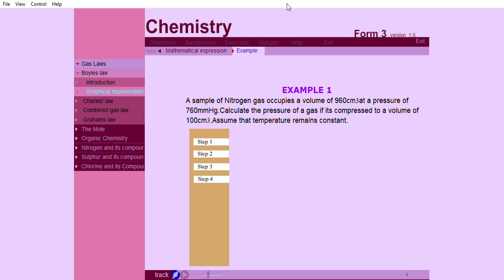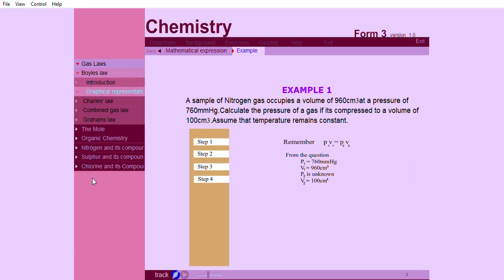Example 1. A sample of nitrogen gas occupies a volume of 960 cubic centimeters at a pressure of 760 millimeters of mercury. Calculate the pressure of the gas if it's compressed to a volume of 100 cubic centimeters. Step 1. Remember, pressure 1 multiplied by volume 1 is equal to pressure 2 multiplied by volume 2.